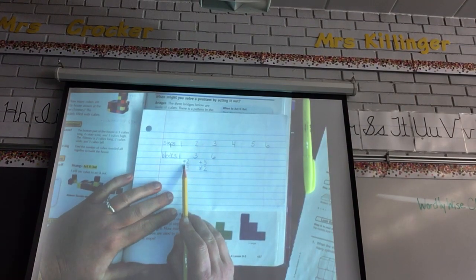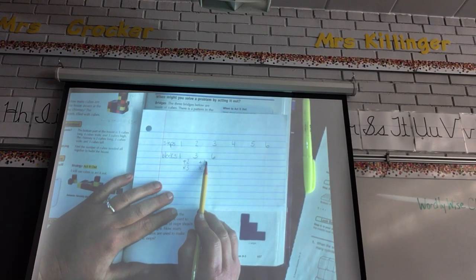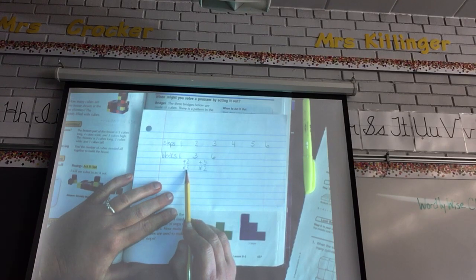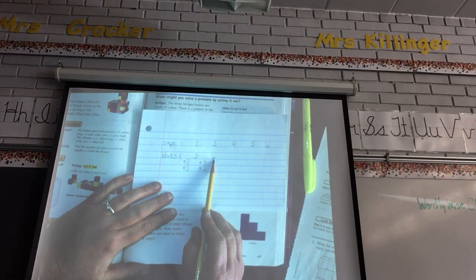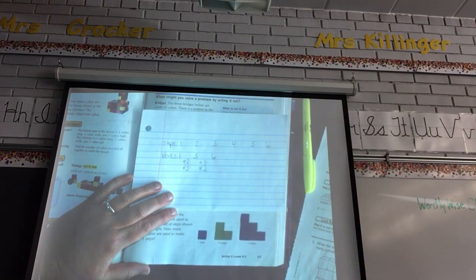With addition, I am adding 1 more number each time to get my next step. I also see a pattern in multiplication. I'm multiplying 1 fewer number to the number of steps in order to get how many steps in all.